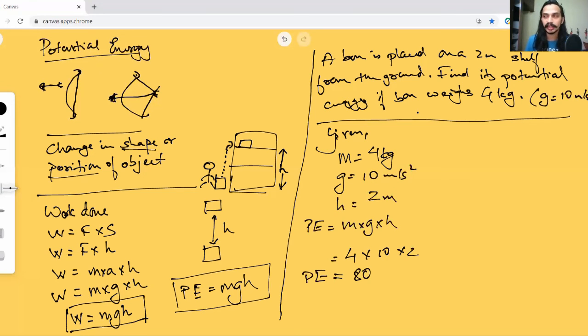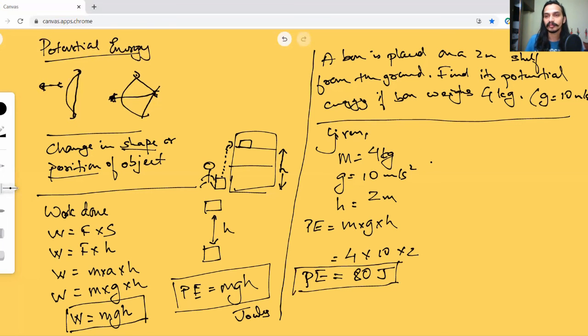Since it's energy again, we'll have the same units as any other form of energy or work. We know work is the same as energy. Since it has the same units as work, I'll use joules. So the potential energy for that box is 80 joules.